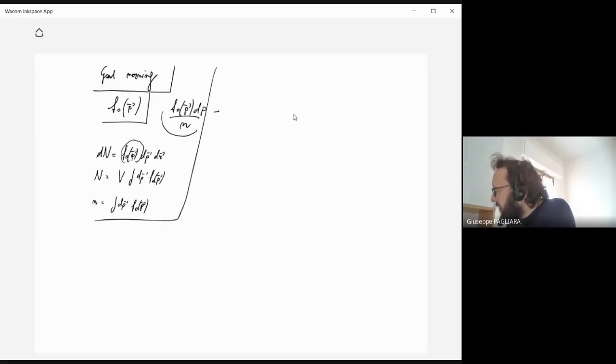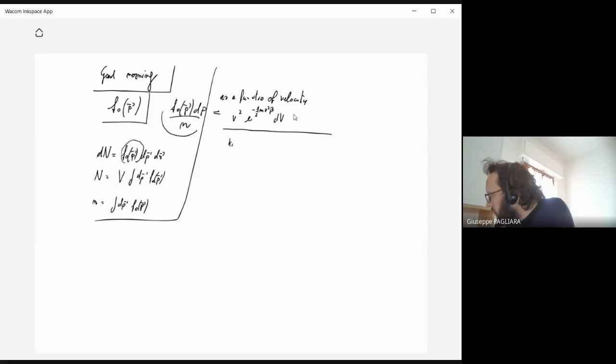And this quantity in particular was equal to, let me write it in this form as a function of velocity, it was this quantity here: v squared, exponential of minus 1/2 m v squared beta, dv, and then at the denominator we had k_B T to the power of 3/2, m to the power of minus 3/2, and then a square root of pi divided by 2.